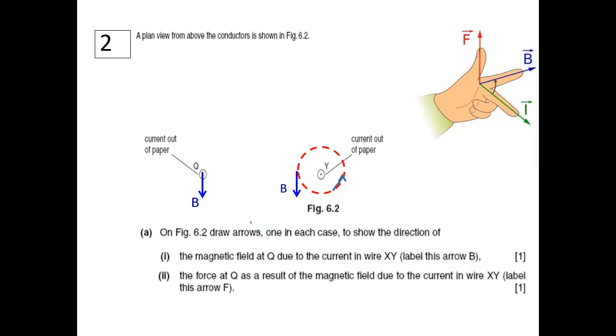Like this. Hey, how come your field is going up? Your field should be going down. Show again. Okay. No. Field is going down. Current is coming out. Okay, correct. So it should be to the right.